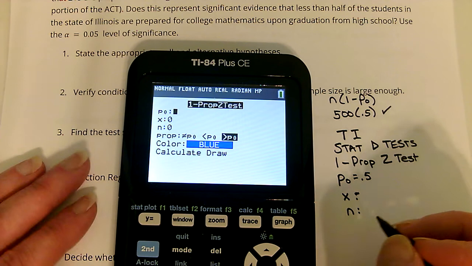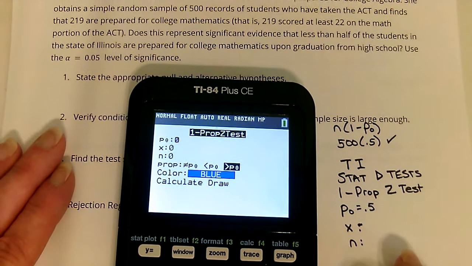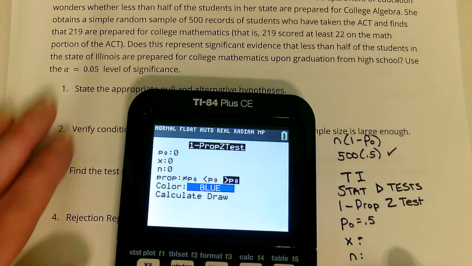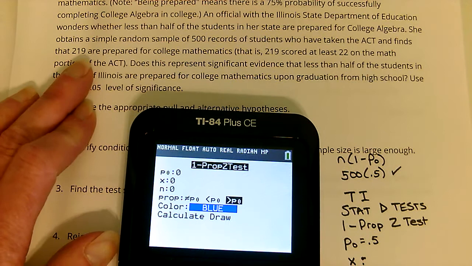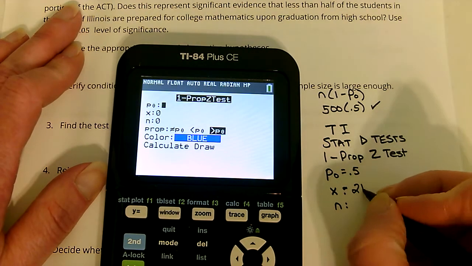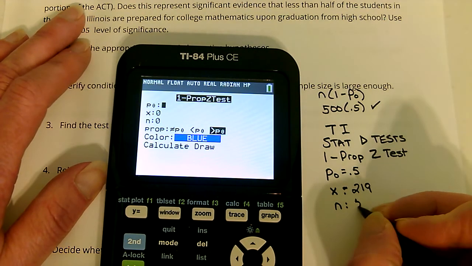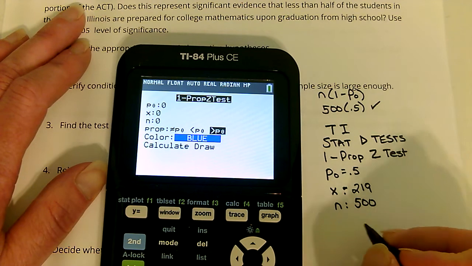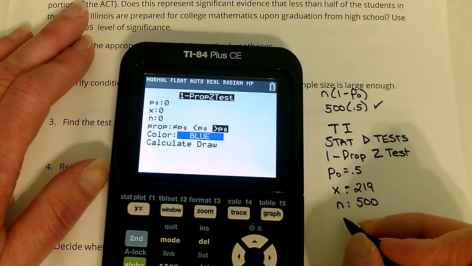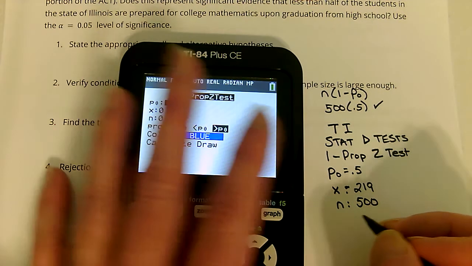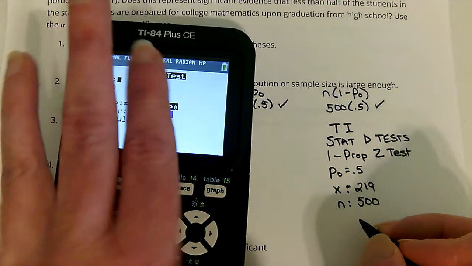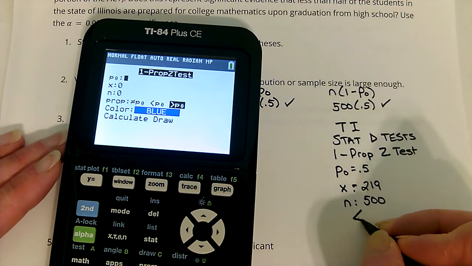Well, X is the number of people from the sample. So the number of people that were prepared from the sample is 219. And the sample size was 500. And then the choice here, it was a less than, so alternative was less than P naught.